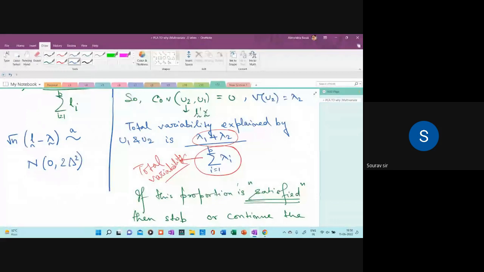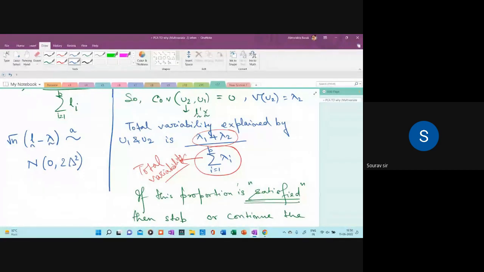Is it clear? Any queries, anyone? Hope not.